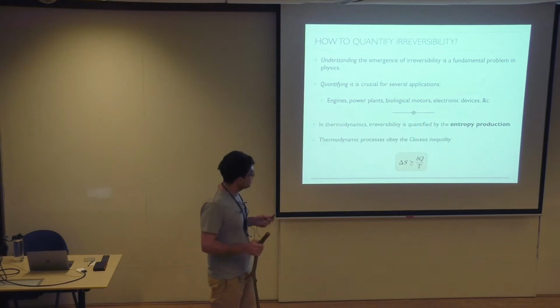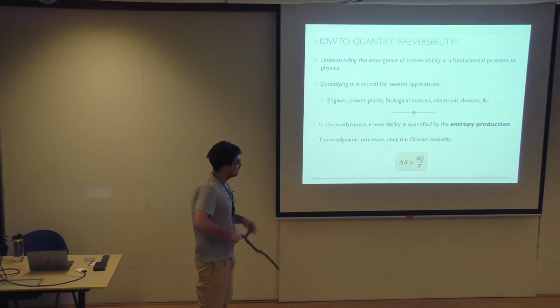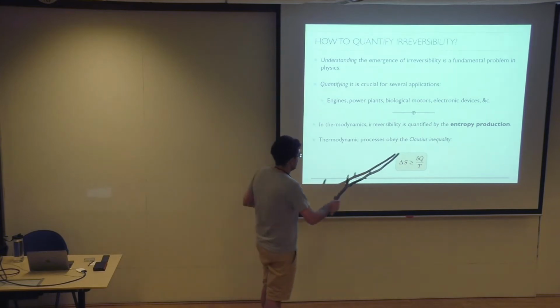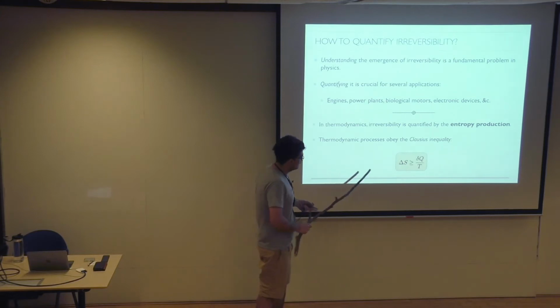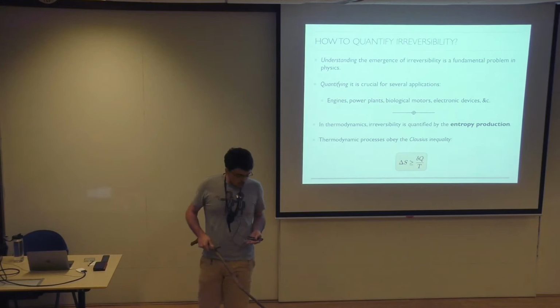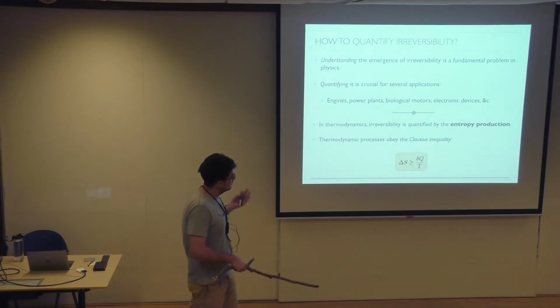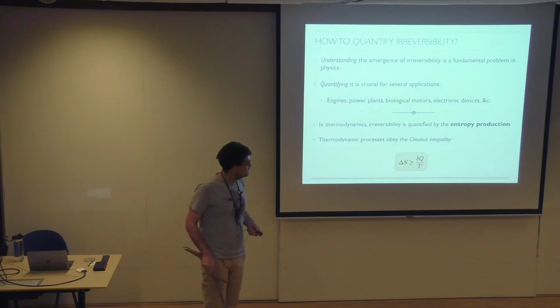Well, in thermodynamics, the situation is usually quite clear. You start with Clausius inequality, which essentially says that if you take any physical process, and you monitor the entropy and the heat that's exchanged, then the change in entropy is always larger than the heat divided by temperature. That's basic textbook thermodynamics, right?